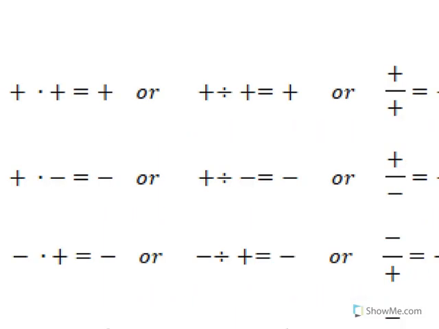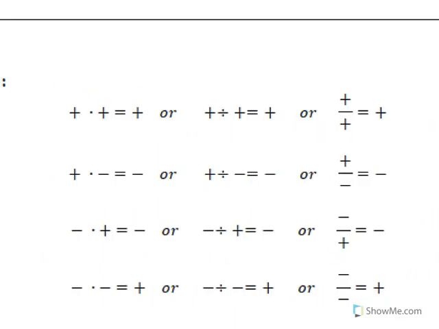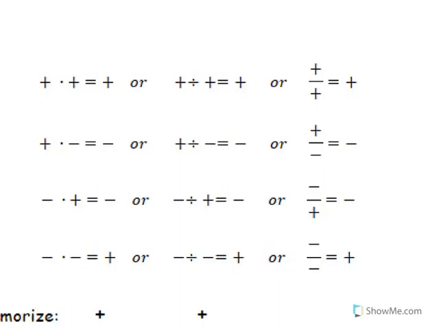Okay. Here are all the rules for positives. Let's focus on that first, okay? So let's first look at these ones on top here. Positive times a positive equals a positive. Positive divided by a positive equals a positive. Or positive divided by positive in a fraction format is also a positive.